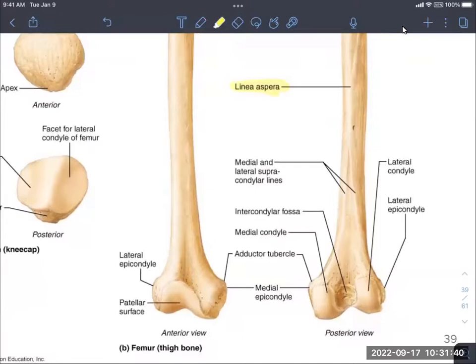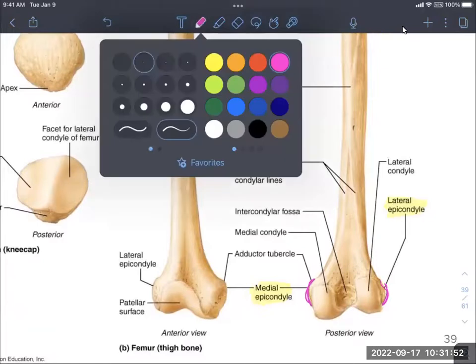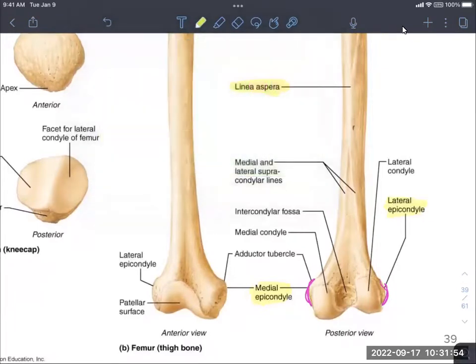So we always have a medial epicondyle and a lateral epicondyle. Those you see more on the side, the epicondyles on the side, while the actual condyle is in here. These are the condyles. So we have that medial condyle and that lateral condyle.